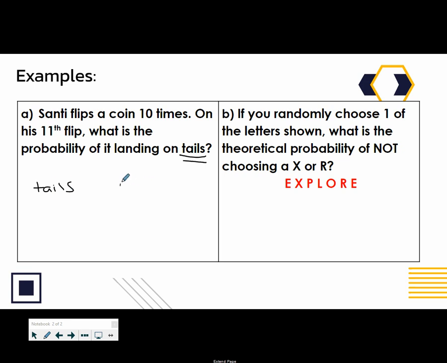Well, there's one tail over how many outcomes on a coin? We know there are two outcomes, a head or a tail. So it doesn't matter what happened in his flip 1, 2, 3, 4, 5, 6, 7, 8, 9, or 10. Doesn't matter what happened then. On his 11th flip, he has a 50-50 shot, or a 1 out of 2 chance of landing on a tail.